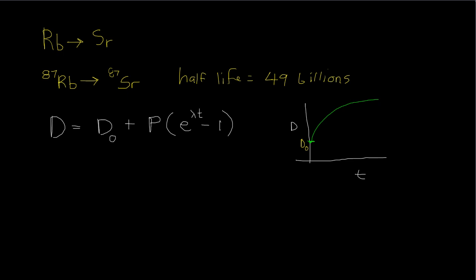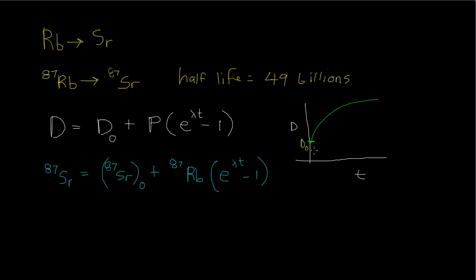So in the case of rubidium strontium, we can write that the concentration of the daughter, strontium 87, equals the initial concentration of strontium 87 that might have existed there before radioactive decay started producing more, plus the concentration of the parent, which is 87 rubidium, times e to the lambda t minus 1.